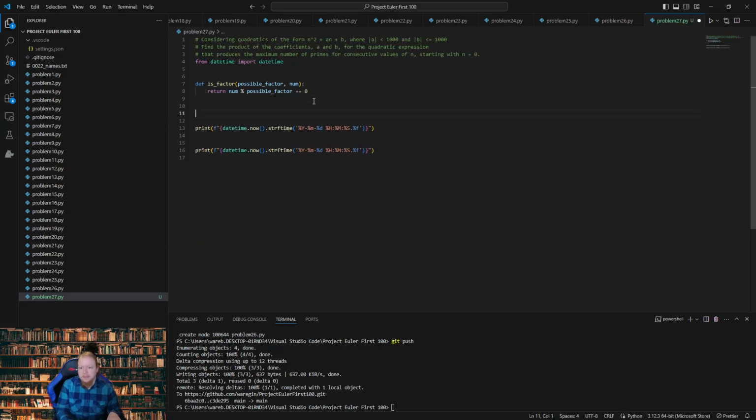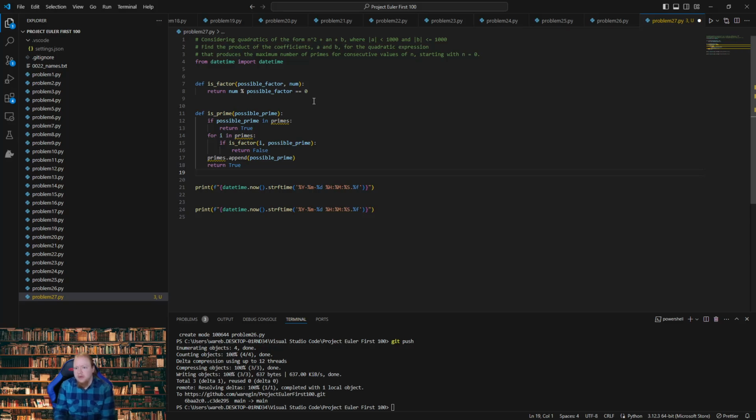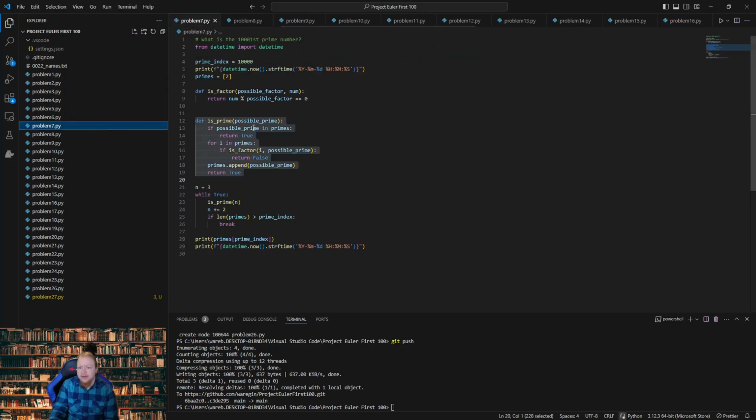Okay, so this is my particular way of doing things, where I don't really want to redo work that I have already done, if possible.